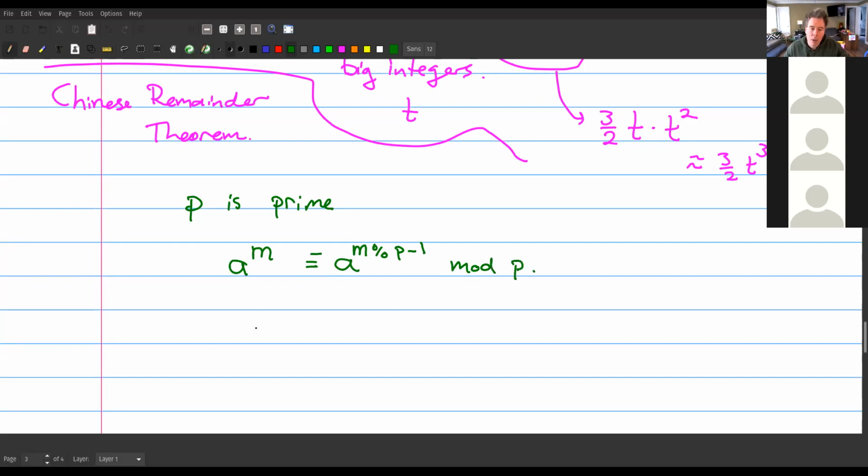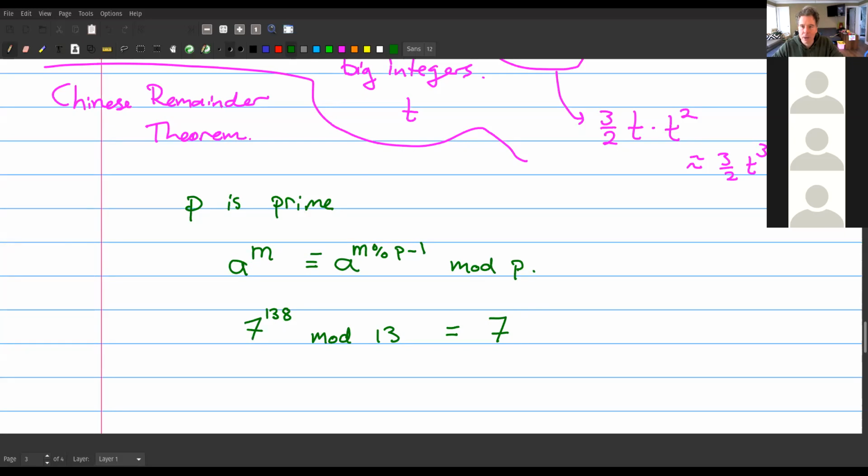Just to give another example, if I wanted to do 7 to the 138 mod 13, this would be the same thing as, what is 138 mod 13?